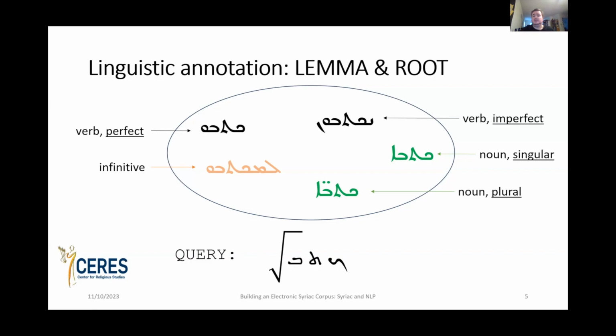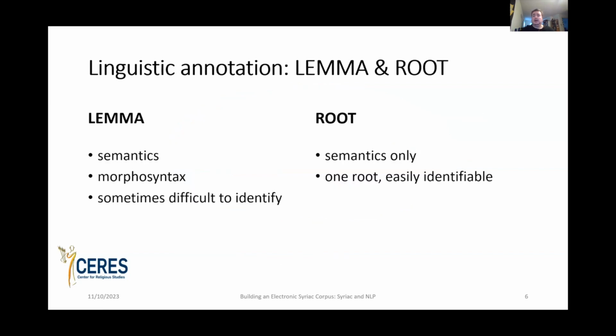But we see that these words actually belong to different morphosyntactic categories and also have different morphological information. And this is where trouble begins, because there is a fundamental distinction between a lemma in the computational NLP sense and root. For root, that's very easy. You have basically just the semantics in the most general sense, and it's easily identifiable. Kataba, katala, whatever you want.